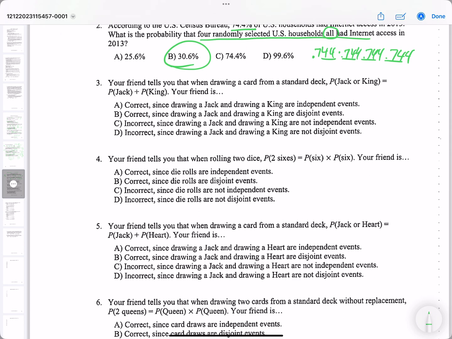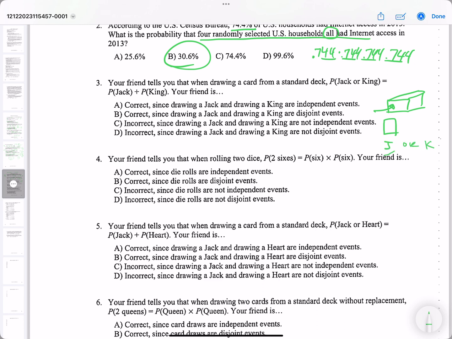Your friend tells you that when you're drawing a card from a standard deck, a probability of a jack or a king is equal to probability of jack plus a probability of king. Let's see. It's asking if your friend's correct or incorrect. So yes, I agree that they're correct, because I'm asking you to pull just one card from the deck, and I want it to be a jack or a king.